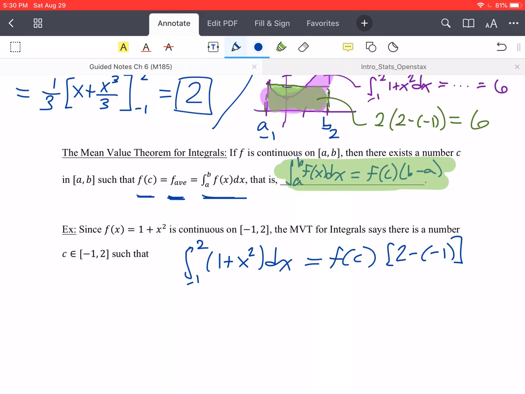So again, it's saying there must exist a number c on that interval such that this relationship holds true.